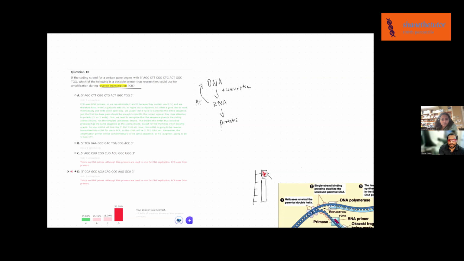The DNA primer that's used, well, why do you think that is? Why do they use DNA primers and not RNA primers in PCR?